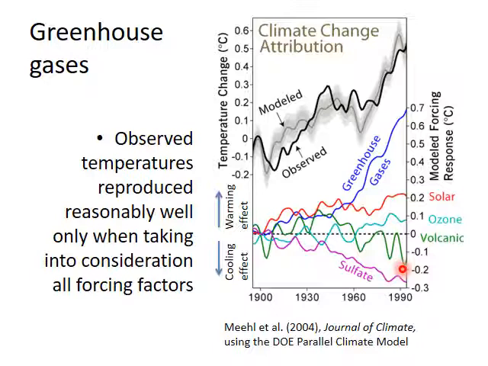So the essence of this slide is that only if you include the anthropogenic forcing factors, which would be aerosols, changes in ozone, and greenhouse gases, only then can you replicate past observed temperature changes with that model. And so this can be considered as one way of attributing climate change to anthropogenic reasons.